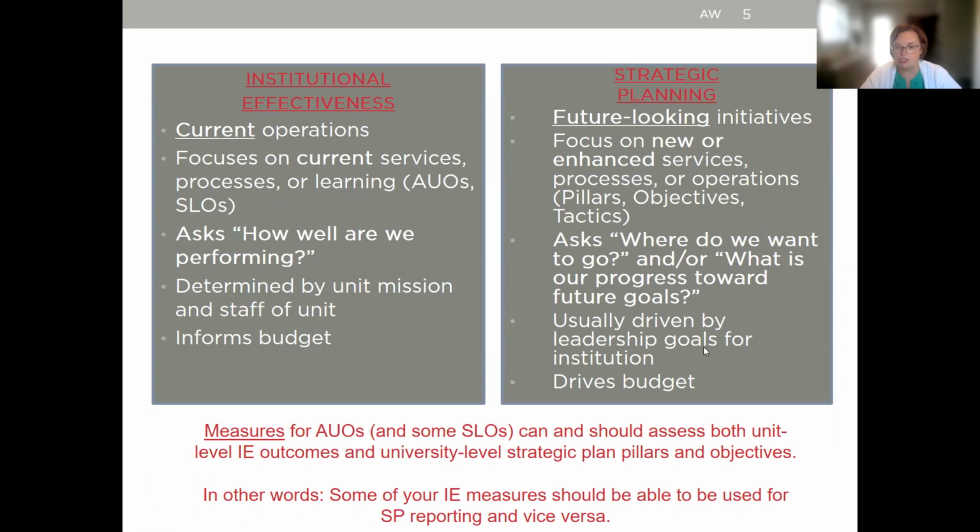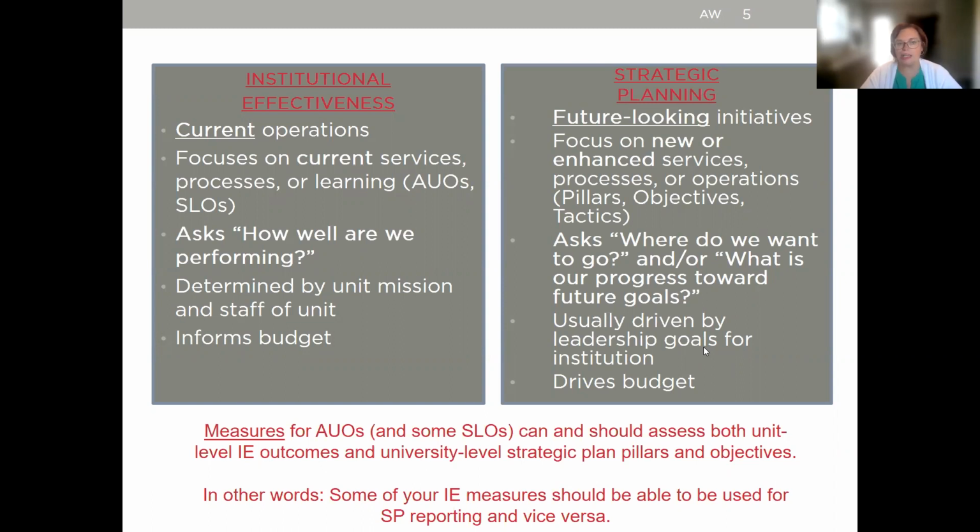So I've been in conversation with those folks, and we're going to keep working together so that the IE process supports strategic planning and vice versa, so that they don't feel so separate. But I do just want to make these distinctions, and I will mention that Kat Bailey is organizing workshops for strategic planning, which you may have seen, and we're going to have some more in the spring, and we'll have one that's specifically focused on IE and strategic planning later in the spring as well.